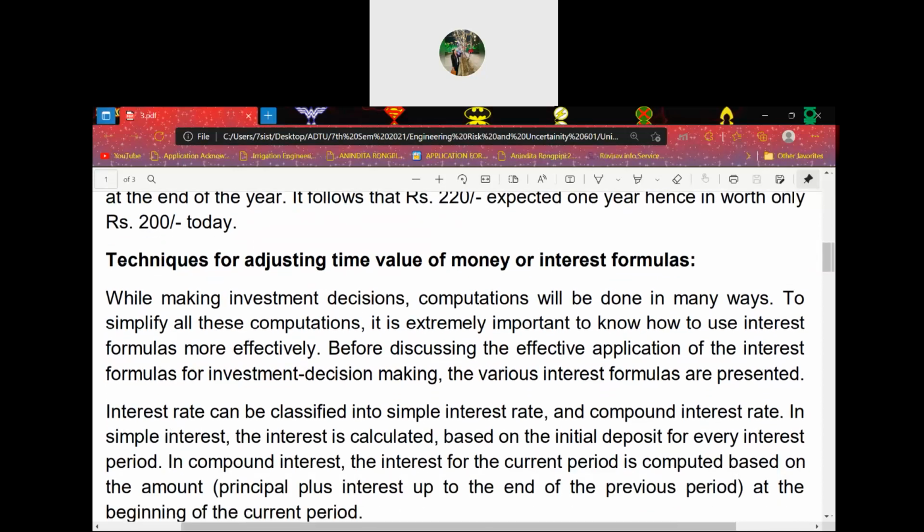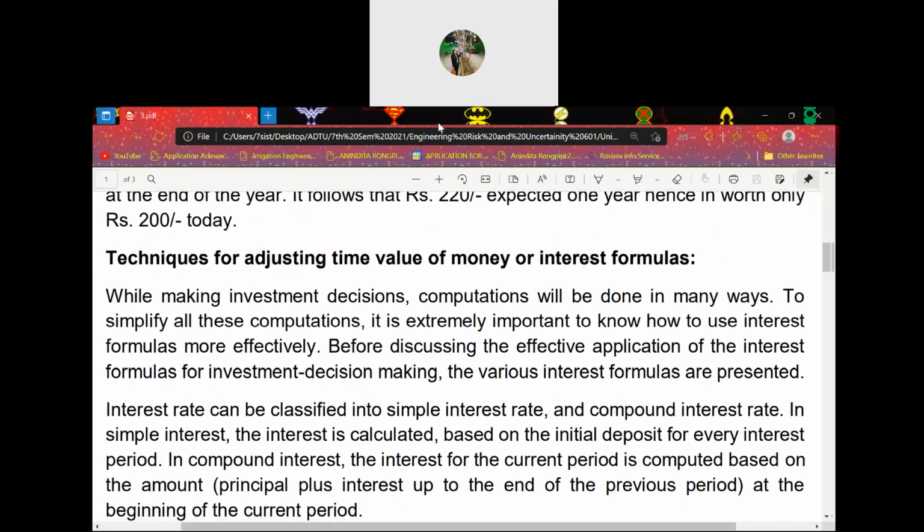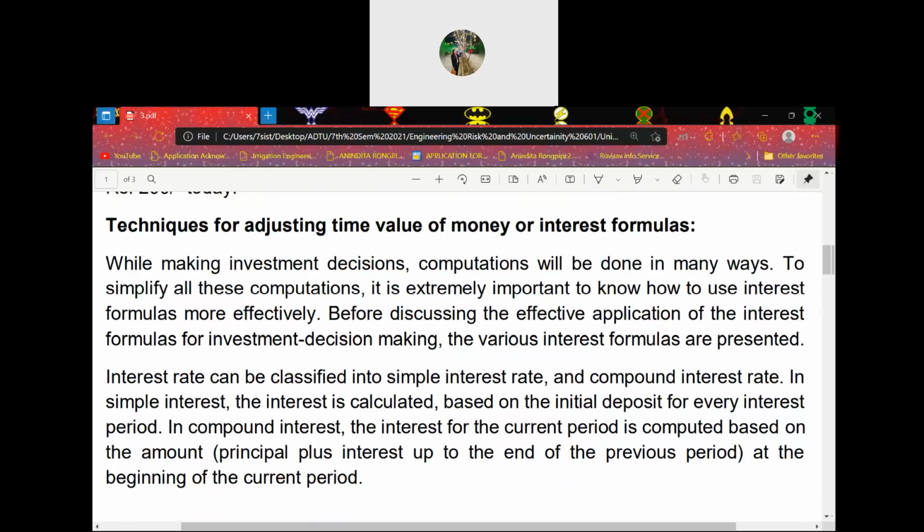Interest rate can be classified into simple interest rate and compound interest rate, as we all know. In simple interest, the interest is calculated based on the initial deposit for every interest period. In compound interest, the interest for the current period is computed based on the principal amount plus the interest amount till the end of the previous period, at the beginning of the current period.